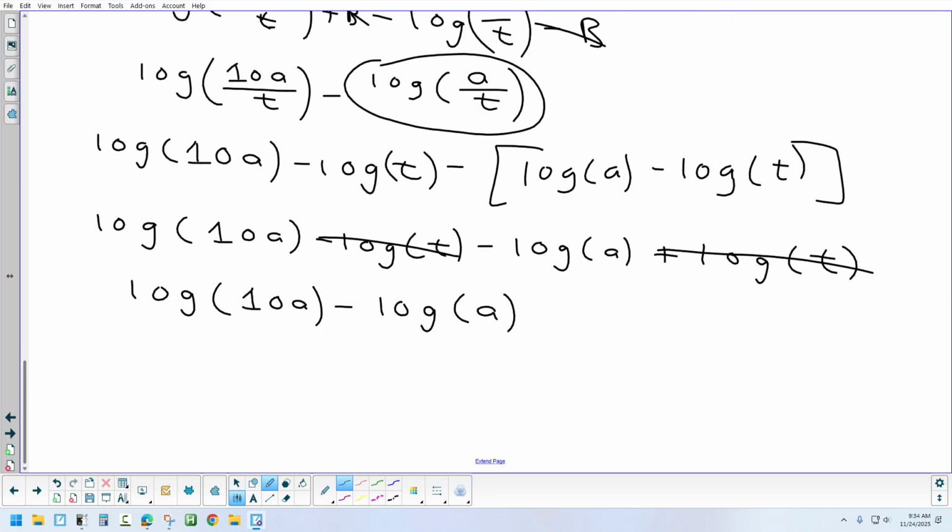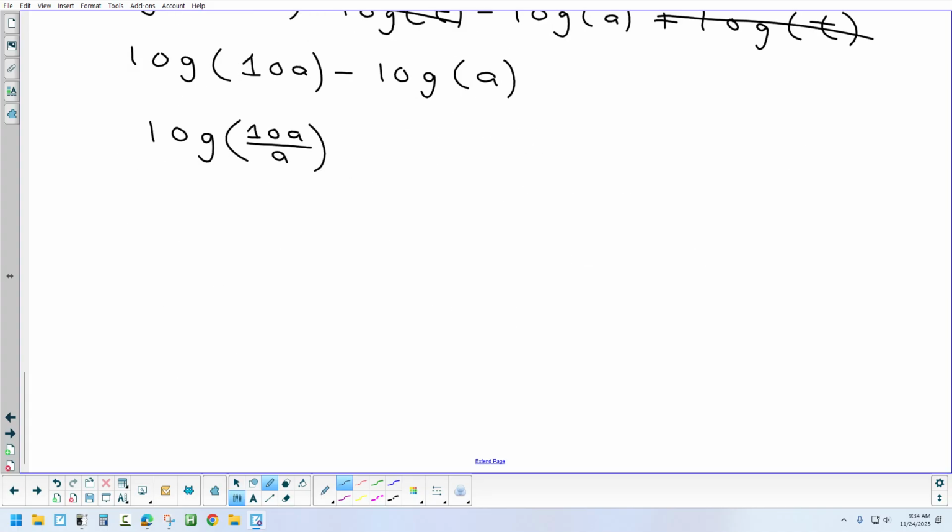What could we do with that now? Yeah, let's combine it back together into one log. What would you have? Log 10A over A. Perfect. And what's going to happen there?